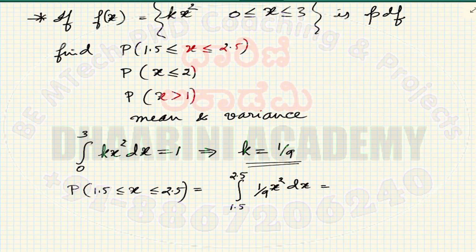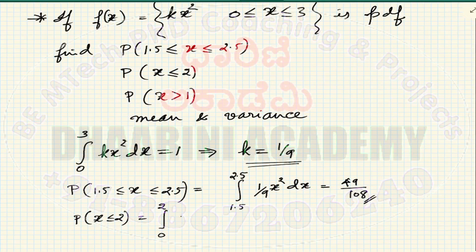That comes to be 49 by 108. Next, we want to find the probability that the x value is less than or equal to 2. Correct? So this is integration 0 to 2 of 1 by 9 x squared dx. Okay, that is 8 by 27.